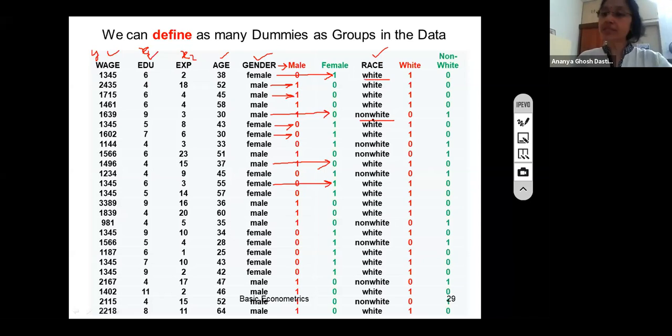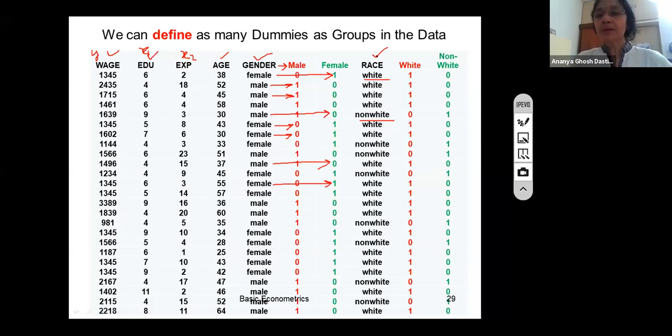This is in the context of the US. And of course, in these days of Black Lives Matter, we know that there's a lot of discrimination in the labor market also against the non-whites, potential discrimination. And this data set can be used to test that hypothesis.